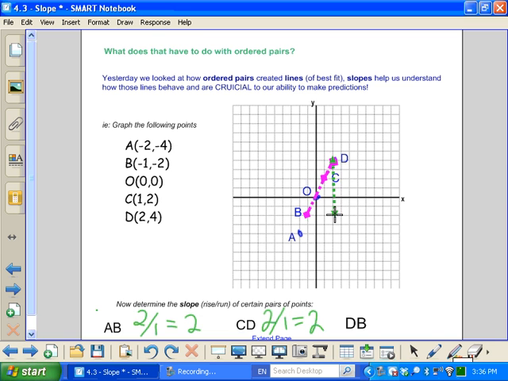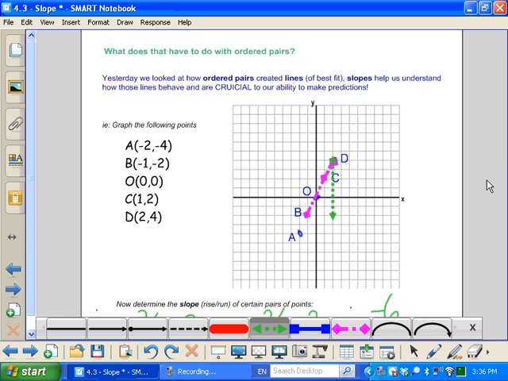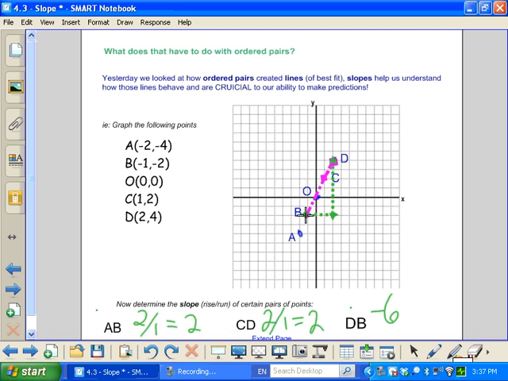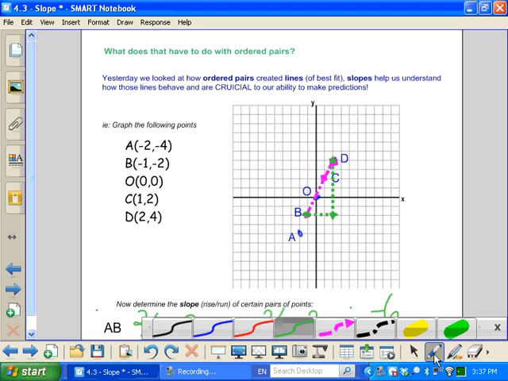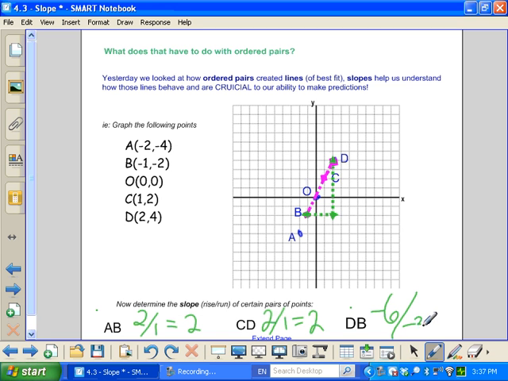Between D and B, we go down 1, 2, 3, 4, 5, 6 squares. So we have a rise of negative 6, because we're going down 6. And we actually have a run of negative 3 as well, because we're running in the negative direction towards the left by 3 units. So it's negative 6 over negative 3, and that winds up equaling positive 2 again, because a negative divided by a negative is a positive.